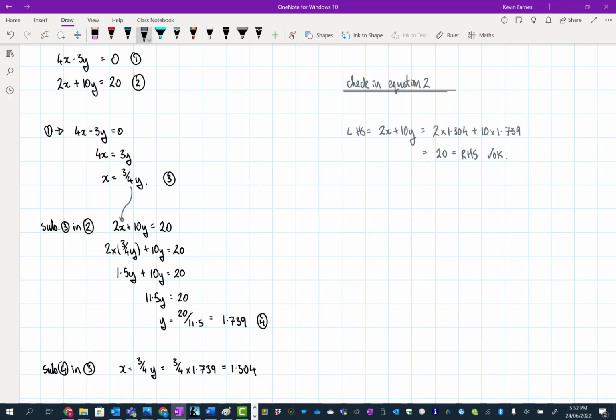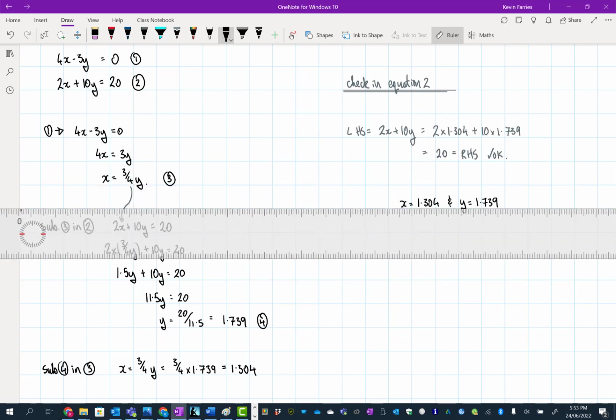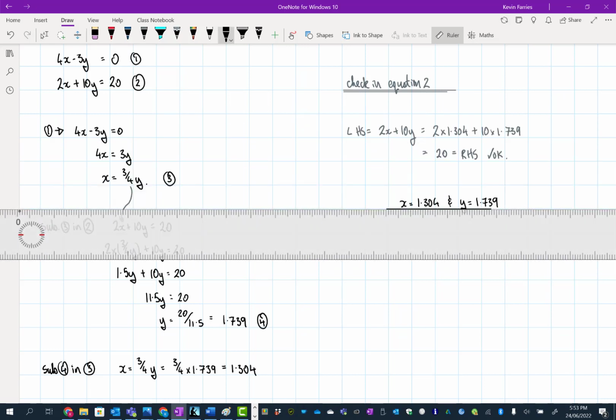So therefore, we can just write our answer. So x equals 1.304 and y equals 1.739. Underline it. Easy problem. We'll go on to the next one.